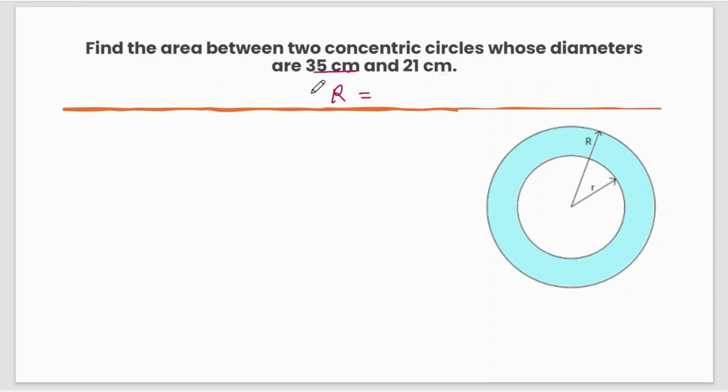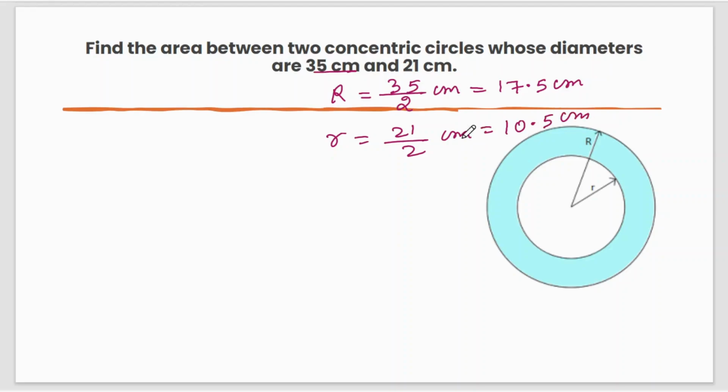Diameter of the larger circle is 35, so 35 divided by 2 centimeter, that is 17.5 centimeter. So now we have capital R. Small r will be 21 by 2 centimeter, so it is 10.5 centimeter.